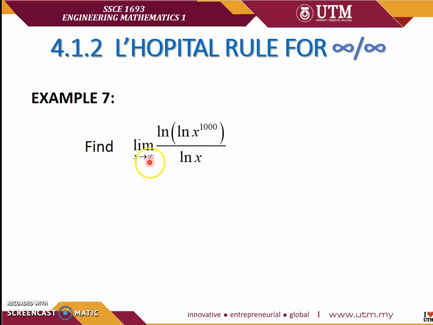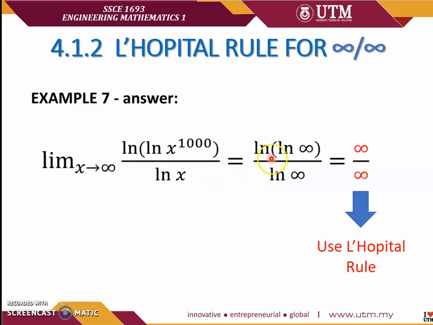If we substitute the infinity into the x, we will obtain ln infinity over ln infinity, which is infinity over infinity, because ln infinity is equal to infinity. So in this case, both f(x) and g(x) are infinity, and we cannot accept this answer. We need to use L'Hopital rule.